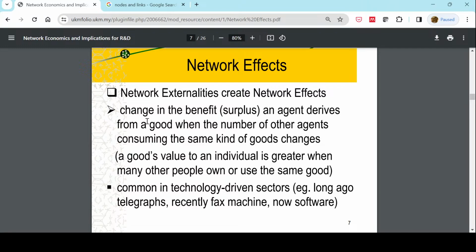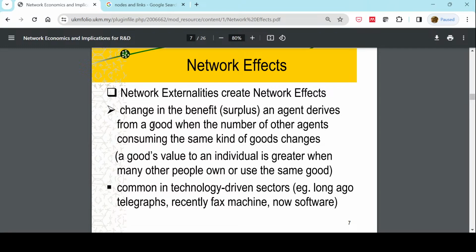I should change it to product so that you can catch it quickly. A change in the benefit, which is surplus, that an agent gets from a product when the number of other agents consuming the same kind of goods changes.